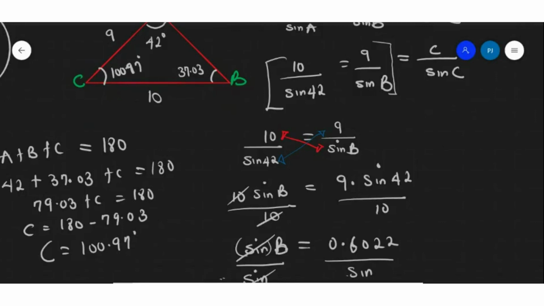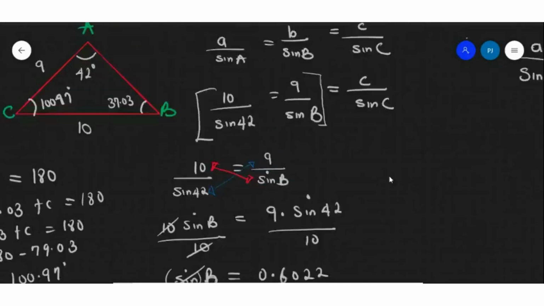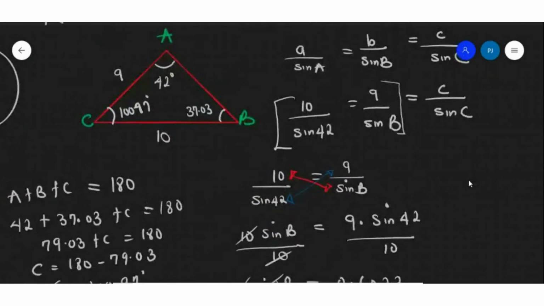So since I have the value for C, I think I can go ahead and find my small c now. Here, I have my value for my C. I just go back to our formula. We have the value for B. Remember, we're able to find the value for B because we have B to be 37.